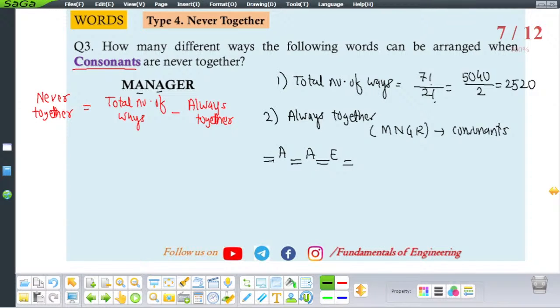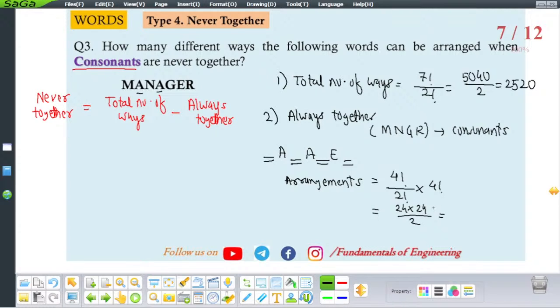So how many arrangements will we get whenever they are always together? 1, 2, 3, 4, so 4 factorial, but A is repeated twice, so 2 factorial, into the remaining letters we have to arrange, 1, 2, 3, 4, so 4 factorial. So 4 factorial value is 24, into 24 divided by 2.